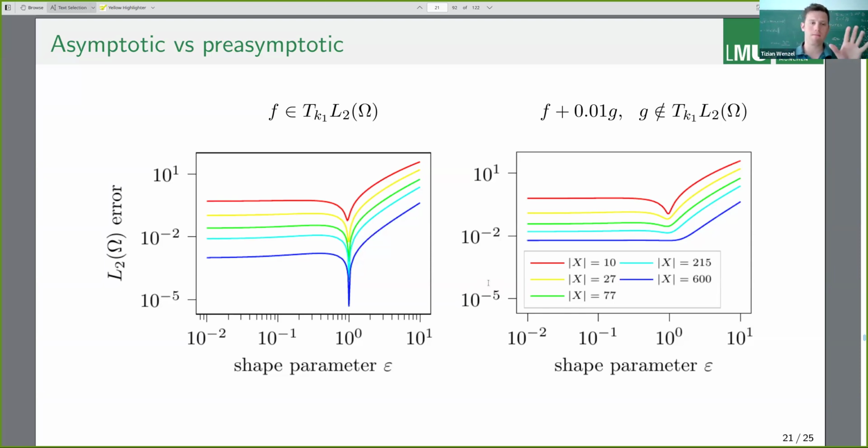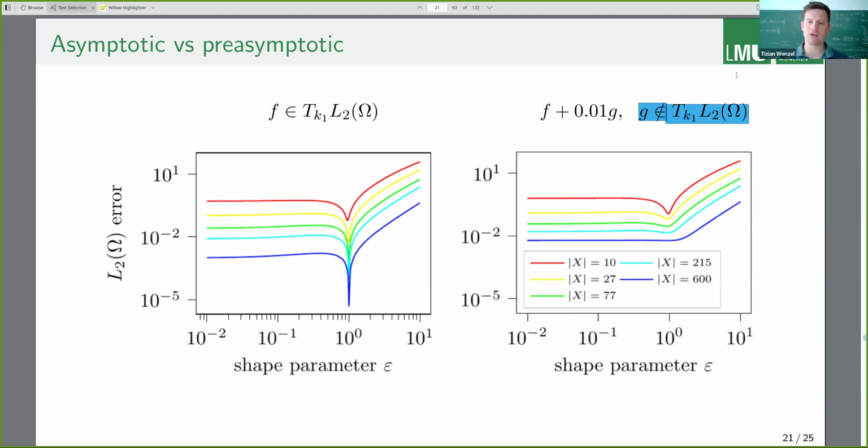What is the difference between the plot on the left and the plot on the right? It's about the target function which we try to approximate here. For the target function on the right-hand side, I considered the same function f, but I added a small perturbation with a function g. This function g is not included in this image of the integral operator.